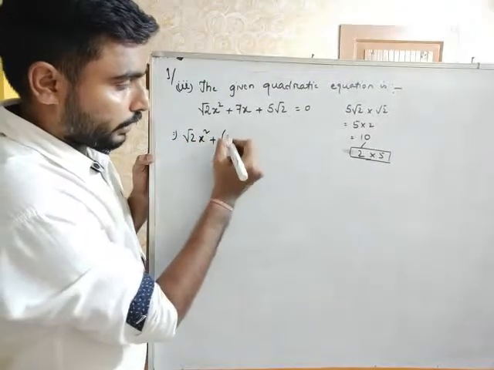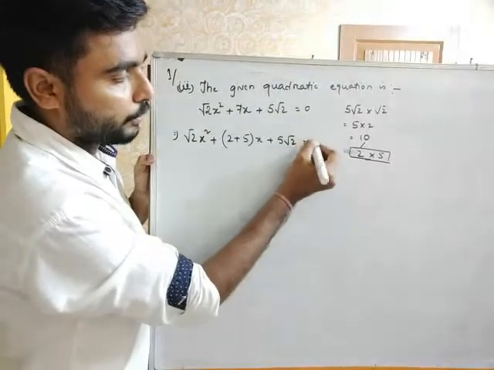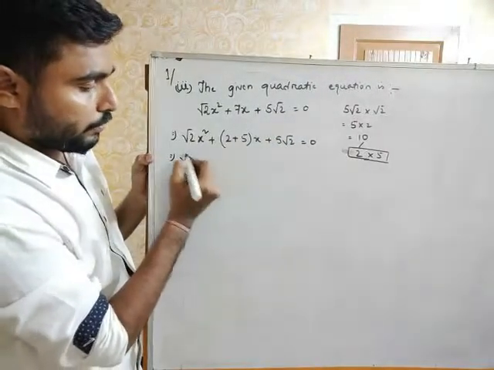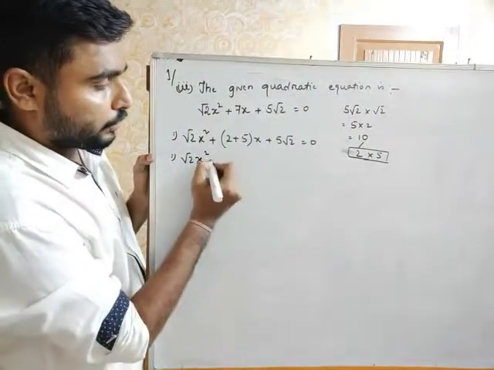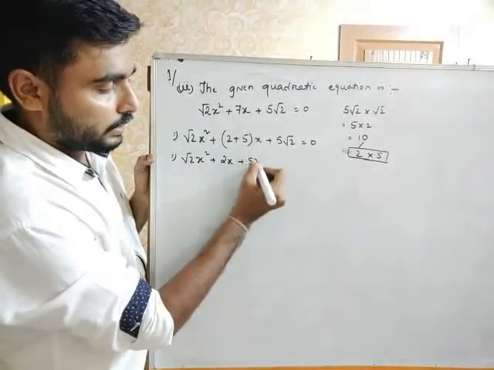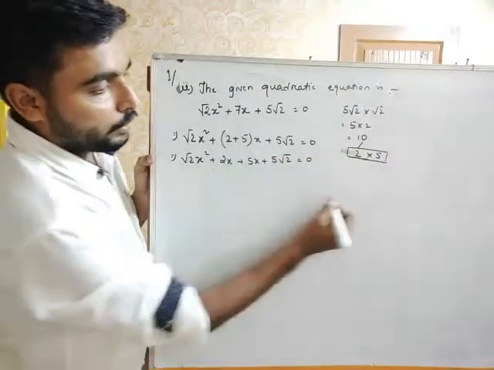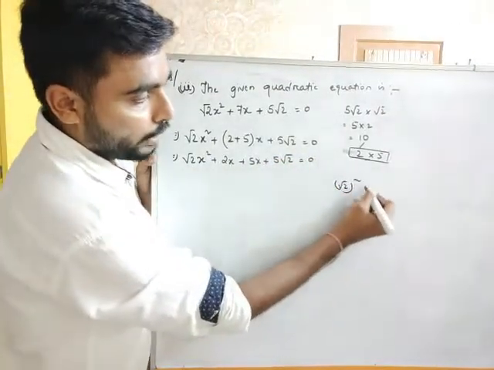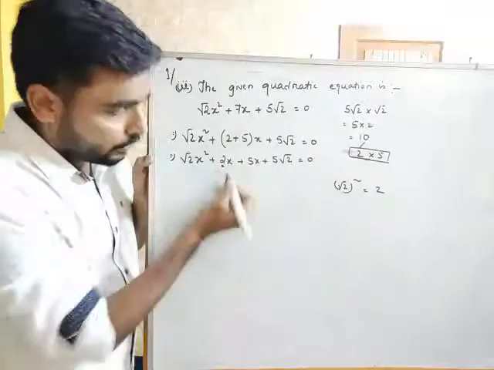So root 2 x square plus 2 plus 5 into x plus 5 root 2 is equal to 0. So now the middle term has been split. Root 2 x square, 2 into x is 2x, 5 into x is 5x, plus 5 root 2. Now here, if you square 2 root 2, what do you get? You get 2. So here you can see the term has 2.